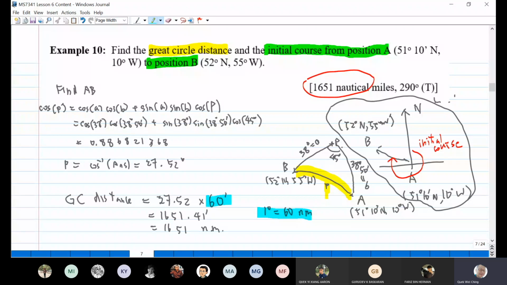Okay, the next thing, I want to find the initial course of the ship from A, right? Initial course is where you can see in the diagram. The initial course of the ship is actually this angle.